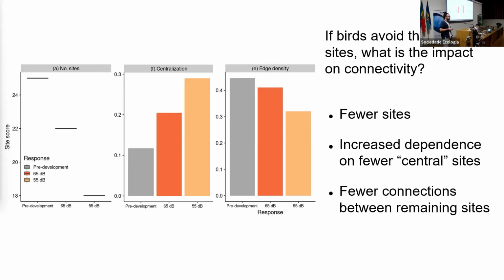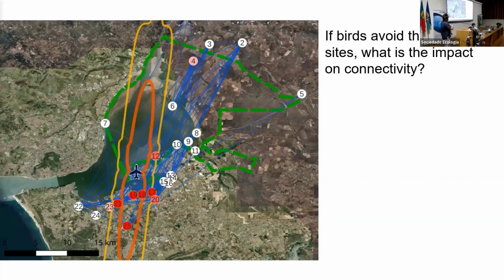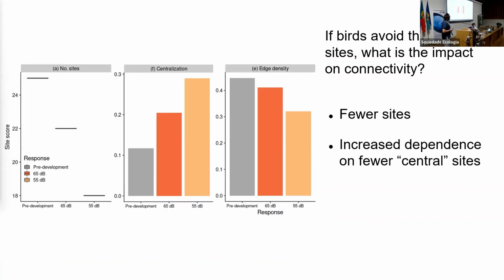And there's also fewer connections between the remaining sites, which I think is interesting, because this is the proportion of possible connections between the remaining sites in the network. But even then, the ones that remain are more poorly connected because of what we showed. There's a kind of barrier effect through the middle of the estuary. And so if these sites cease to be used, there's potentially an interruption of connectivity throughout the estuary.